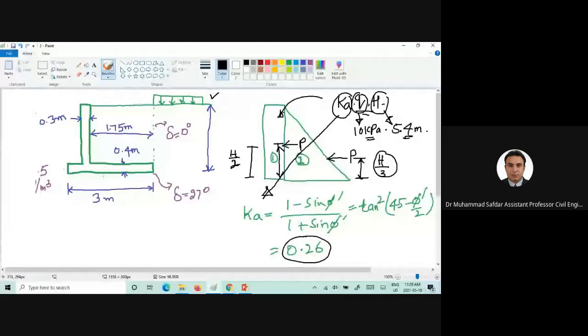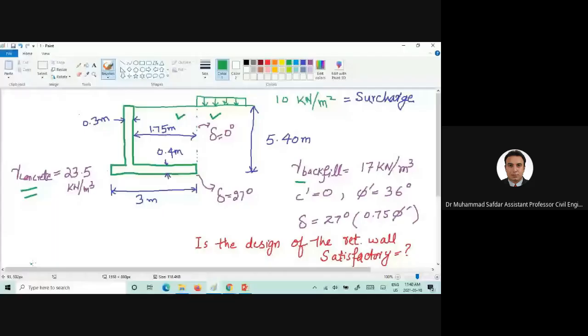Now what is the width of the stem? 0.3. And the unit weight of the concrete is 23.5.